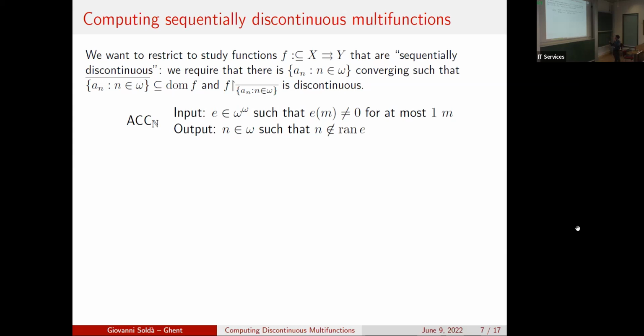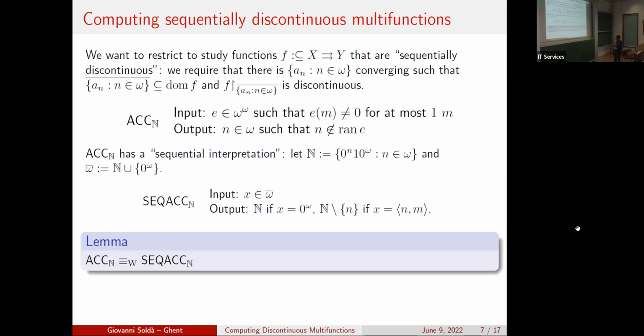Essentially, as long as the input says 0, you should picture it as having nothing enumerated in your set. But as soon as you're given something different from 0, that number is enumerated in the set. And what you want to do is to avoid the number being enumerated by the input sequence. Which explains the name all-or-co-unique choice on N.